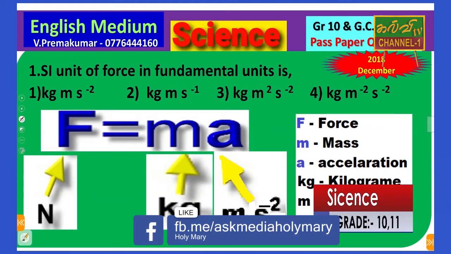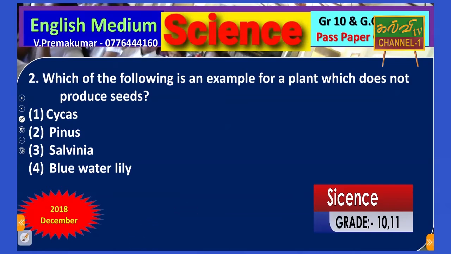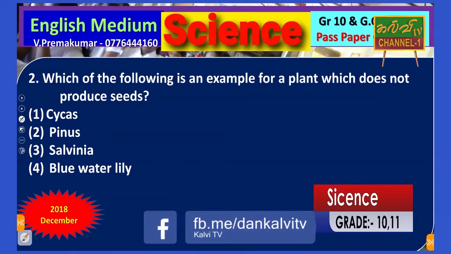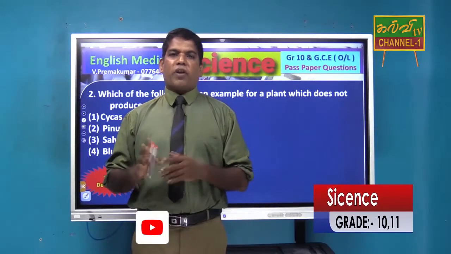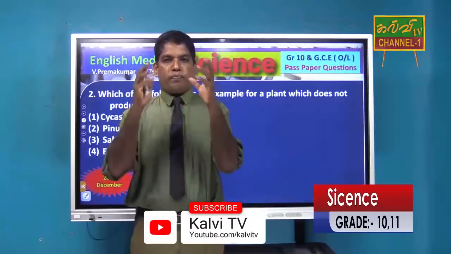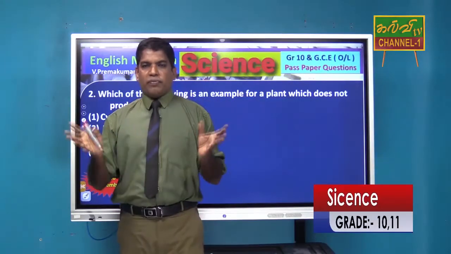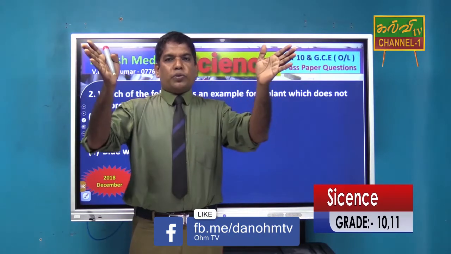The next question, the second question: which of the following is an example of a plant which does not produce seeds? You know that when we consider classification, there are flowering plants and non-flowering plants. Some plants bear flowers, some plants don't.